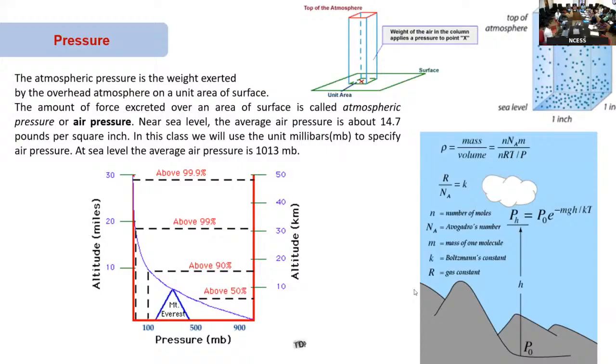I'm just introducing some of the terms, going from one topic to another, so you may feel it is jumping a little. But pressure is one of the variables we should understand in the atmosphere.